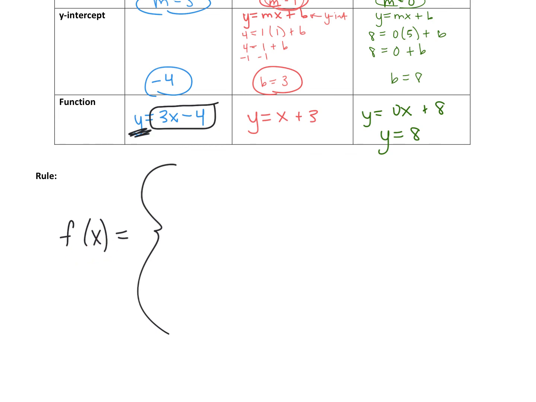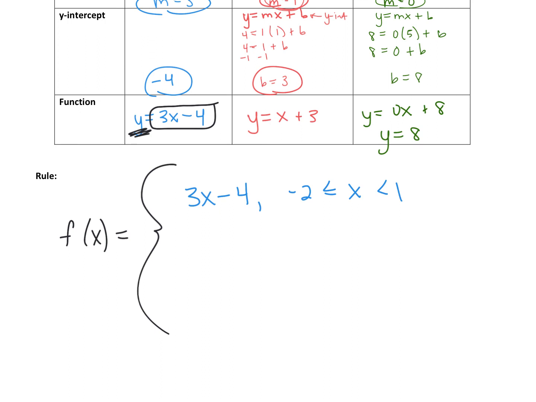So this f of x equals represents the y equals. But we do have 3x minus 4. For which domain? We have to write the domain in here. And if you look above on your chart, we have this function from negative 2 all the way to positive 1. That's the domain for segment A, which was the first thing we found.